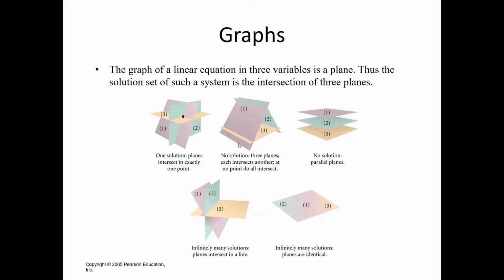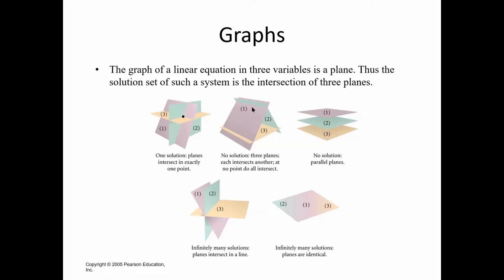Here's another possibility that I alluded to a moment ago. I've got a sheet of paper this way. I've got one this way, or maybe cardboard, whatever, so it'd be stiffer, and another one this way.